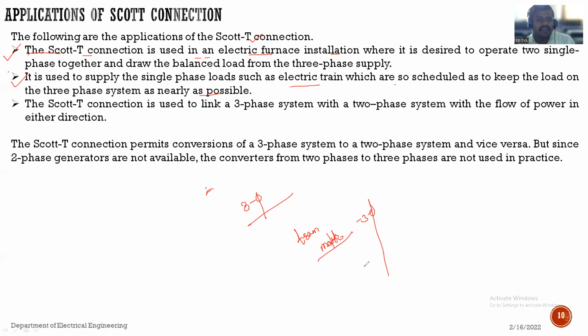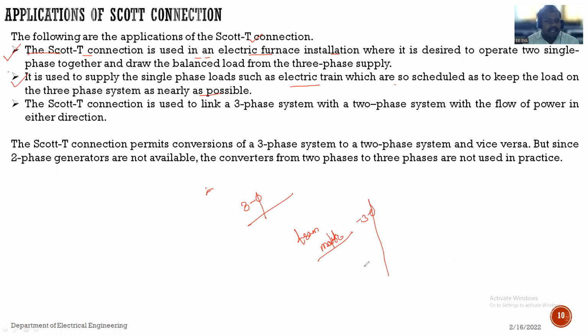It will balance the load current taken from the supply, as well as the scheduled load. It can keep the load on the three phase system nearly balanced, as far as possible. So this is the next application.